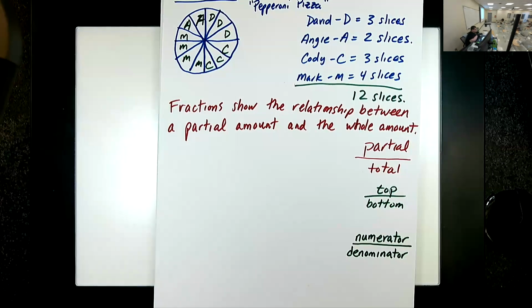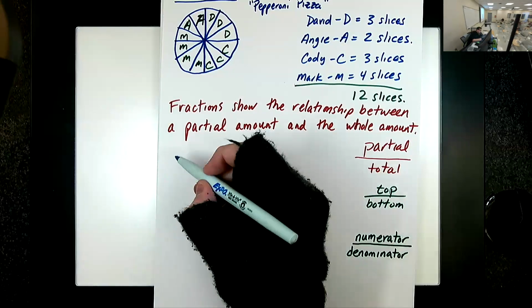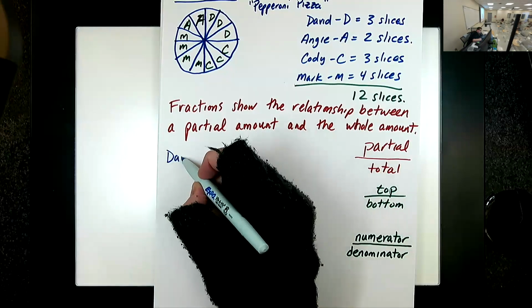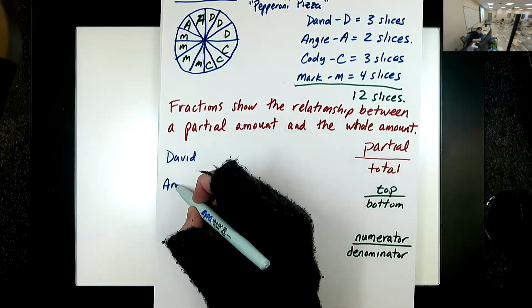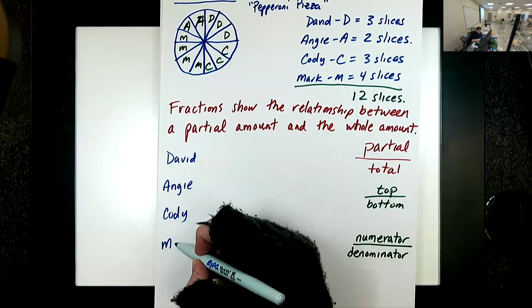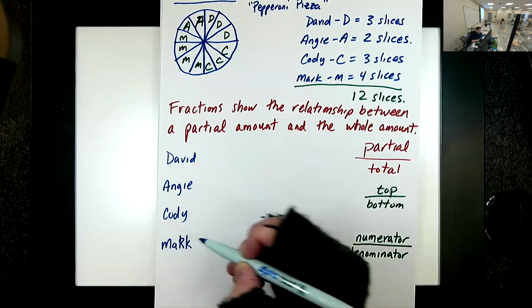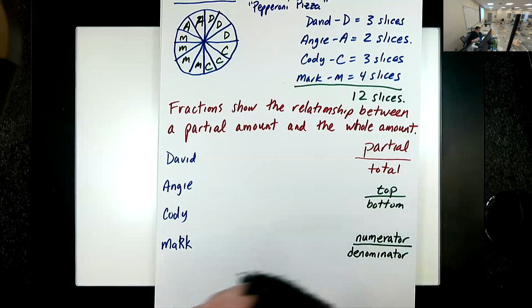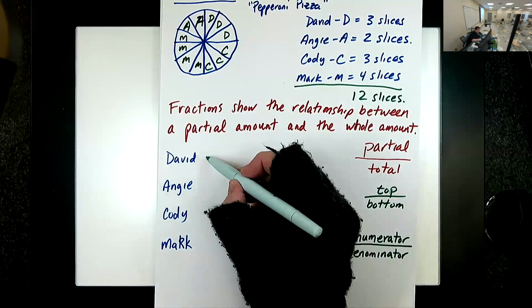All right, so let's take a look at what we have here for our people. David, Angie, Cody, and Mark. The total number of pieces or slices is the same for everybody.